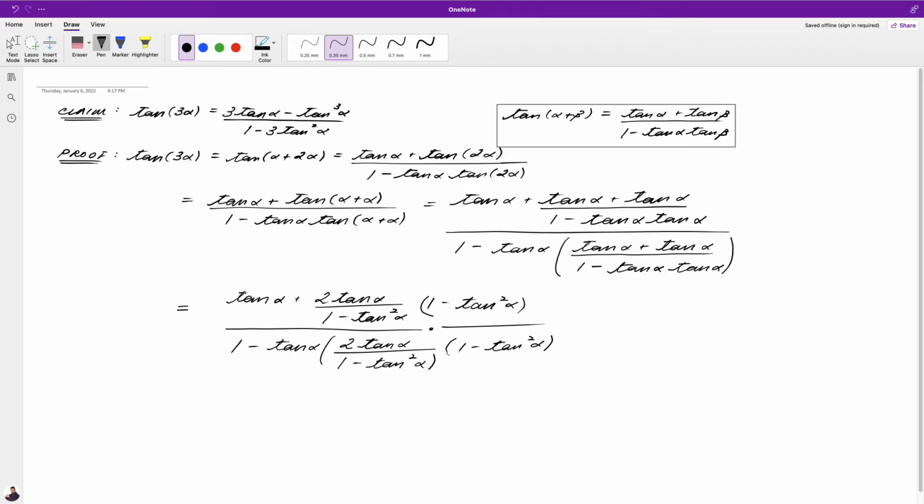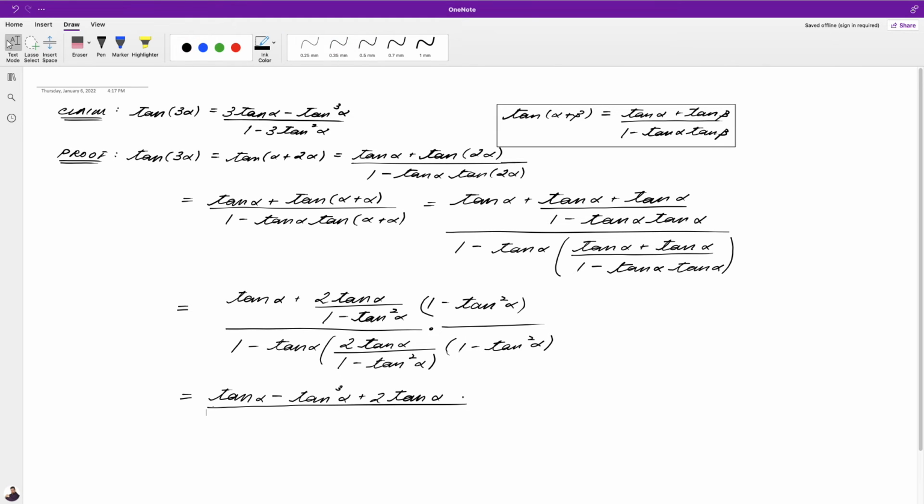And we have to, of course, multiply tangent alpha by 1 minus tangent squared alpha, and we're going to have to multiply 1 by 1 minus tangent squared alpha. So here we go. We're going to have tangent alpha times 1 minus tangent squared alpha is equal to tangent alpha minus tangent cubed alpha. Plus, of course, let's not forget, plus 2 tangent alpha.